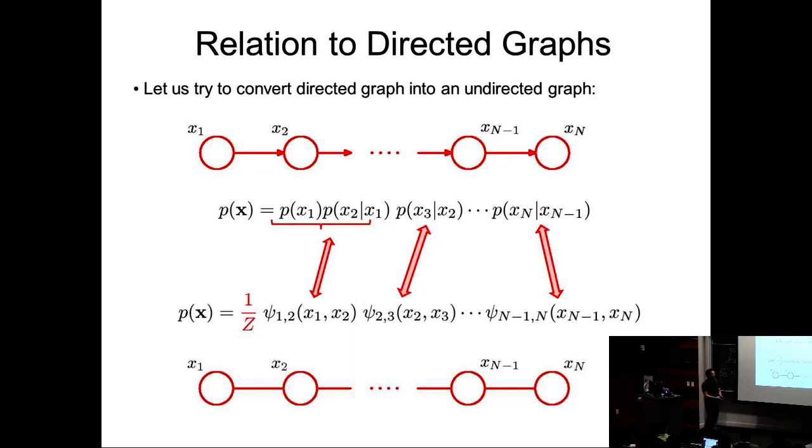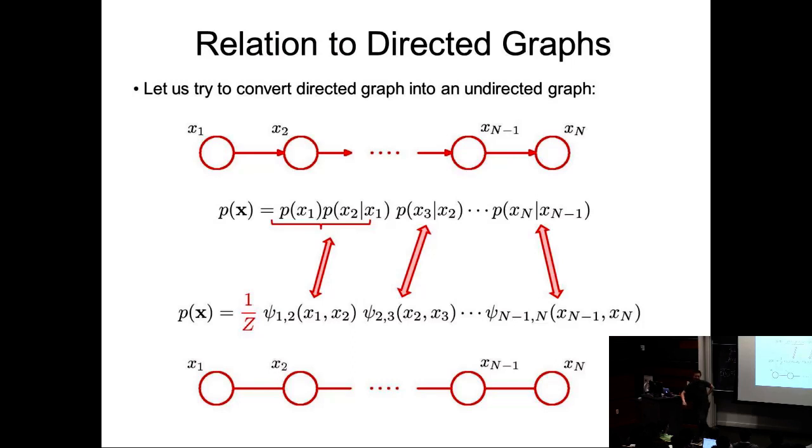Now, if I look at this graph, it's also a Markov chain, and I can specify it as such. I can just put a potential on every single one of these pairwise nodes, normalize it, and have it that way. And it turns out there is a one-to-one correspondence.